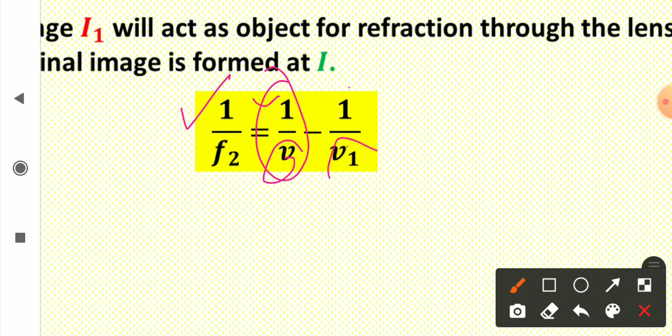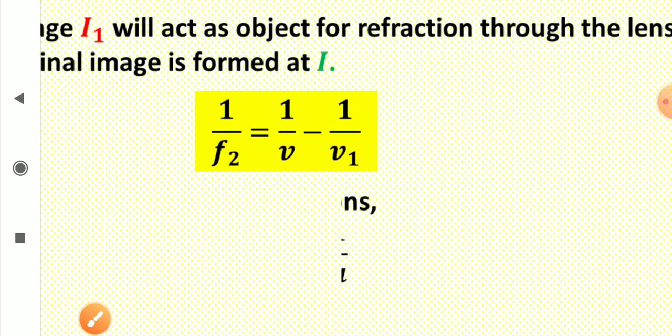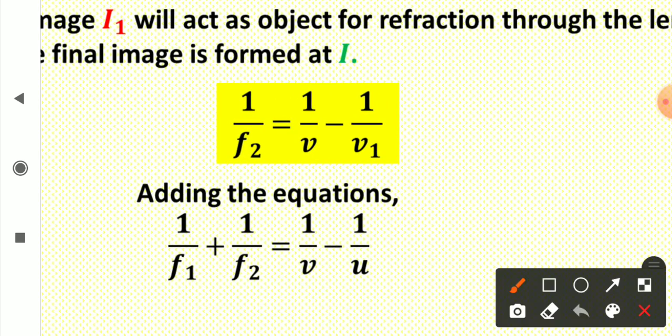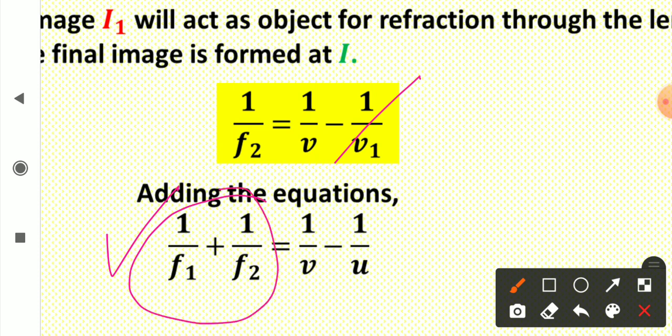Now here u is equal to v1, the object distance. And now adding these two equations, you can see that the 1 upon v1 and minus 1 upon v1 will cancel out, and on the left side we get 1 upon f1 plus 1 upon f2, and on the right side we get 1 upon v minus 1 upon u.